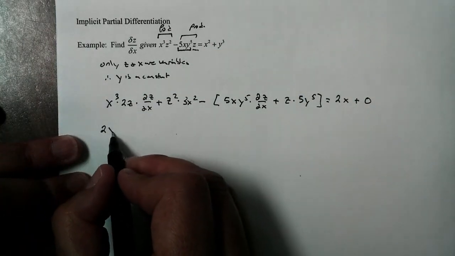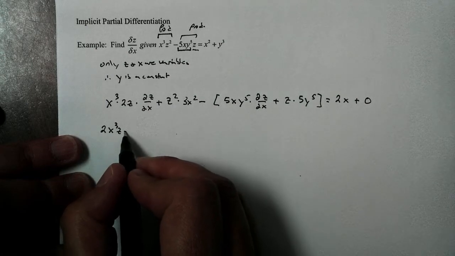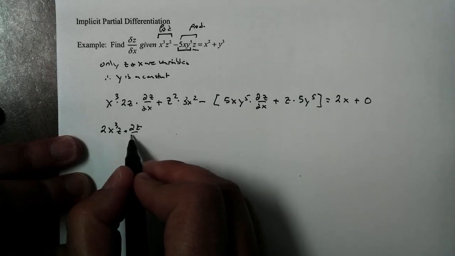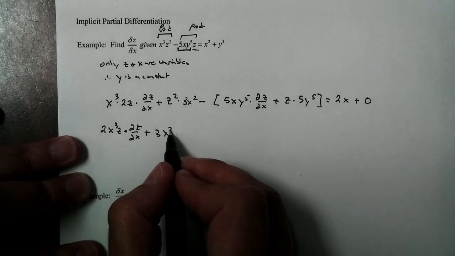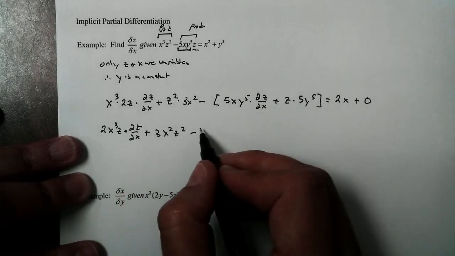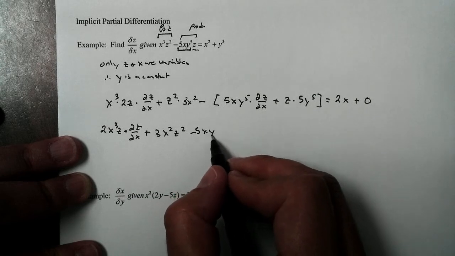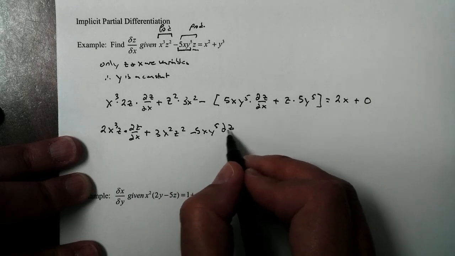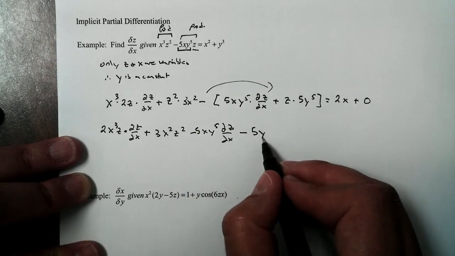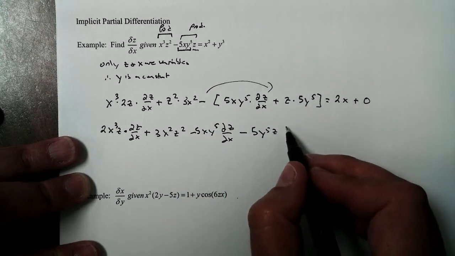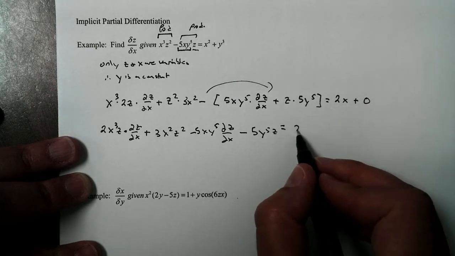I get 2x cubed z times partial z with respect to x plus 3x squared z squared minus 5xy to the fifth, the partial of z with respect to x, minus, be careful, 5y to the fifth z equal to 2x.